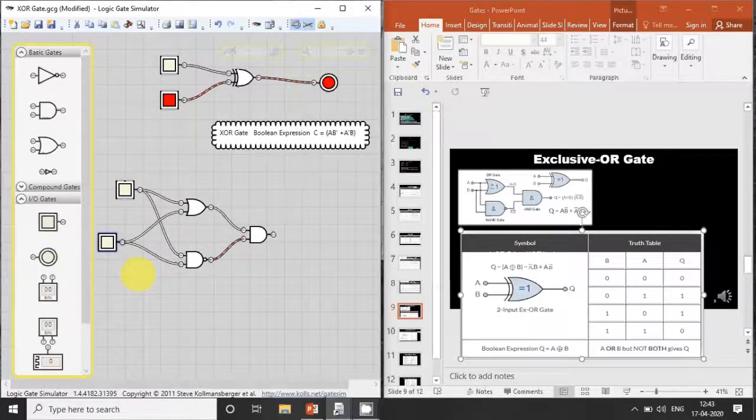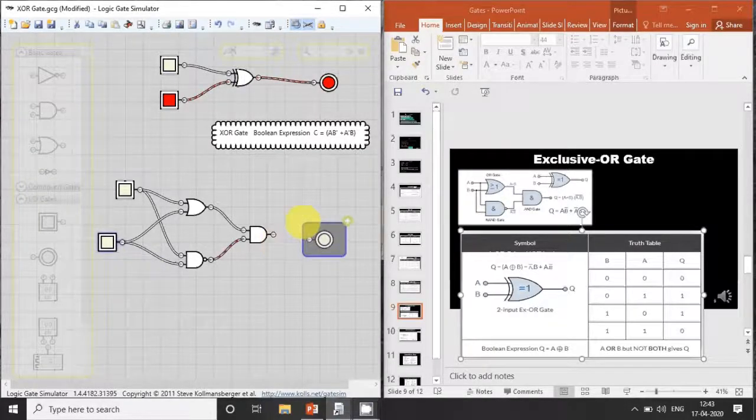Correspondingly the output is here. When both the inputs are 0, the output is equal to 0. This is our realization of the XOR gate. This is the XOR gate exactly as given on the simulator. The output is the same in both cases.